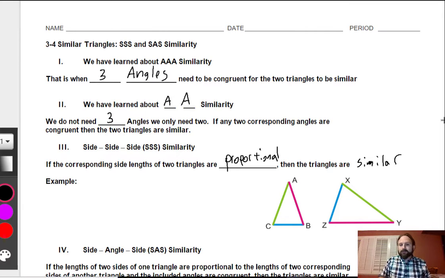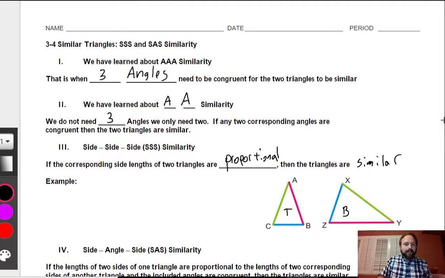Okay, if, for example, let's put T and B, because we're going to write this out. If AB, so now we are going to tell you how they match up. We take the largest side.